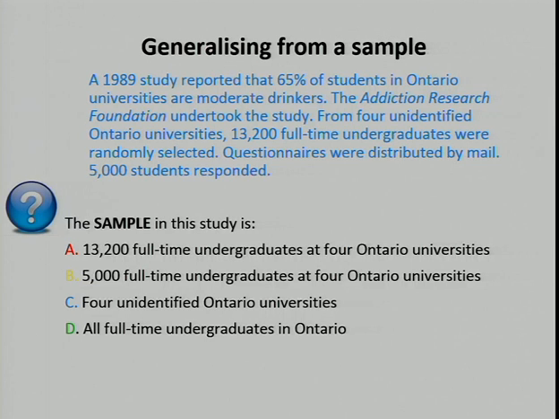So what are people thinking about the sample, first of all? I think I'm hearing some good answers here. So who wants to take that one? So the 5,000 full-time undergraduates, why wouldn't it be this group? So those aren't the answers that came in there, right?